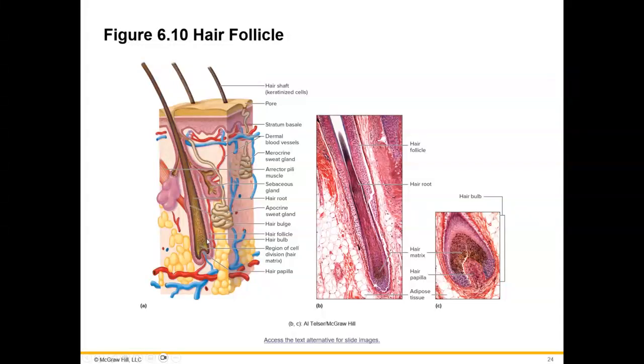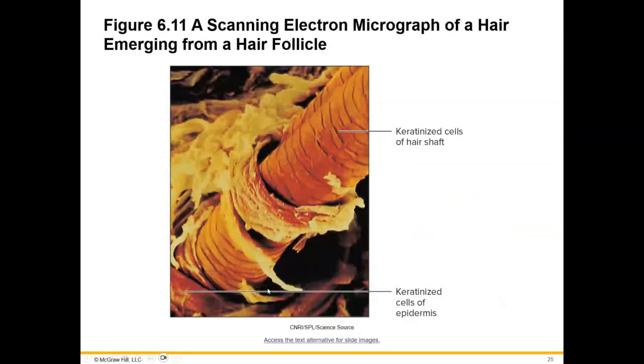Then the bottom of the hair is the hair bulb. And the hair papilla, this is this indentation into the bottom of the hair root and has blood vessels. And this is an electron micrograph of hair emerging from a hair follicle.